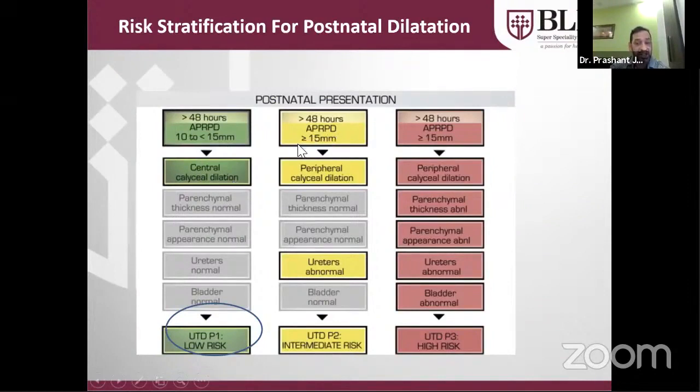Intermediate risk is the dilatation which is more than 15 mm, but it also includes the dilatation of the peripheral calyces and the abnormal ureters. More than 15 mm dilatation is considered to be the high risk group, along with the other associated abnormalities of the calyceal dilatation and the parenchymal dilatation. So this is the postnatal. Whenever there is a postnatal presentation, the three groups have been assigned, that is the low risk, intermediate, and the high risk group.